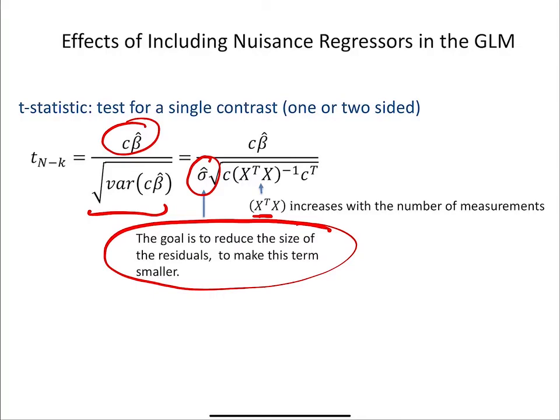So if part of my data can be explained by the nuisance regressors, then that's going to reduce my sigma hat, right? If I don't have those nuisance regressors in there, my model can't explain what's going on in the data, so it's going to assign all of that to the residuals and make that sigma hat bigger. But if I can model those nuisance terms, I can make that sigma hat smaller. I can make my t-stat go up.